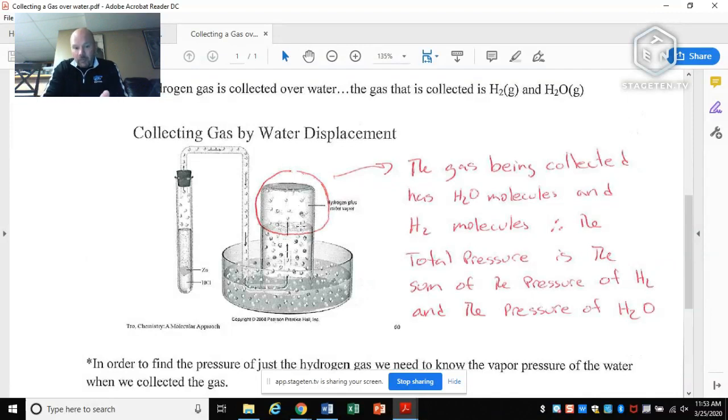So if I measure the total pressure, that's not going to give me the pressure of just hydrogen. It's going to give me the pressure of hydrogen and water. If I want just the pressure of hydrogen, or whatever gas I'm collecting over water, I have to subtract the pressure of water to get the pressure of the gas that remains.